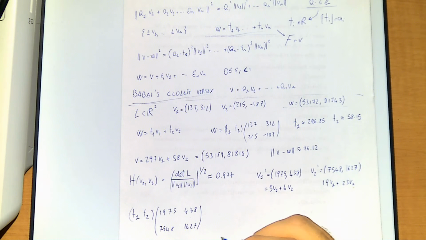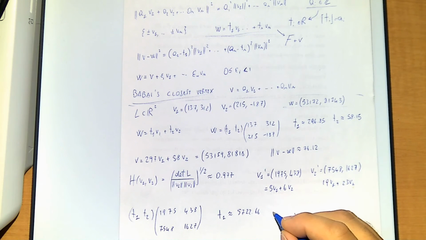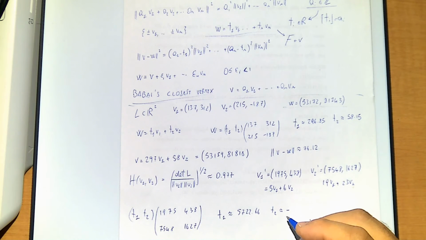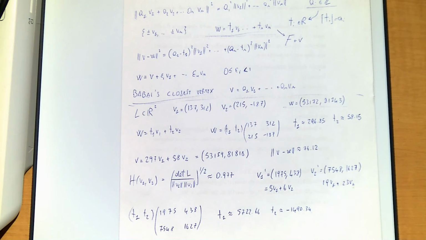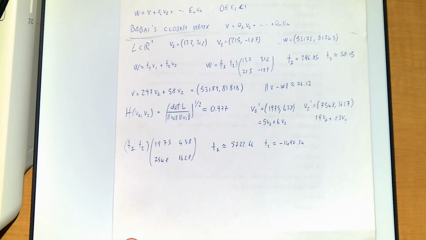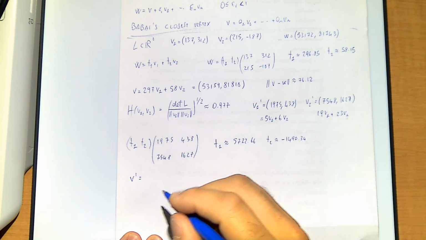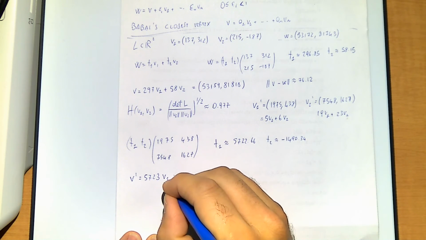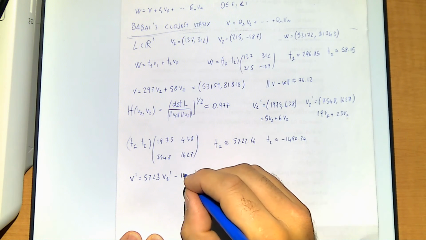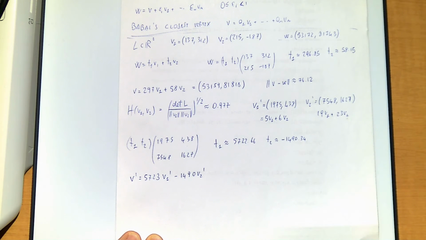We find the solution T1 approximately 5722.6, and T2 approximately negative 1490.34. Then we set our solution B prime to be 5723 times V1 prime minus 1490 V2 prime. It's the exact same algorithm.